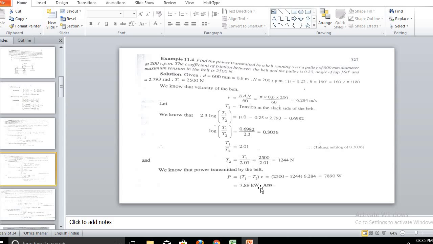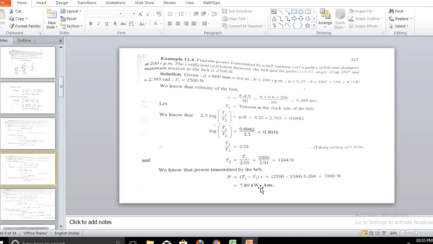Diameter 0.6 meter is given, N is 200 rpm, divided by 60. So v is calculated as 6.284 meter per second.